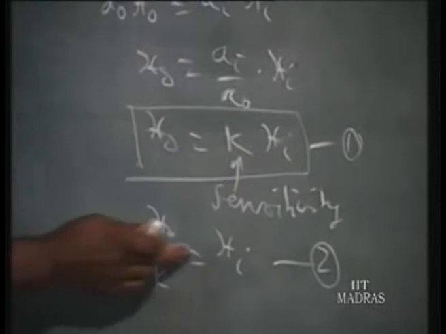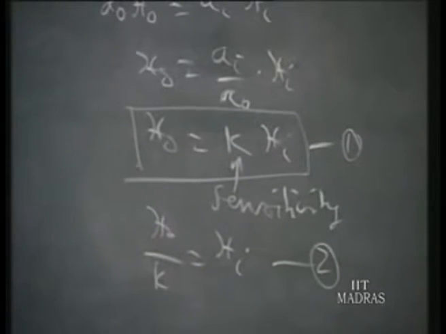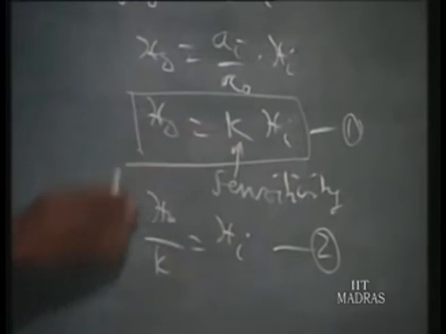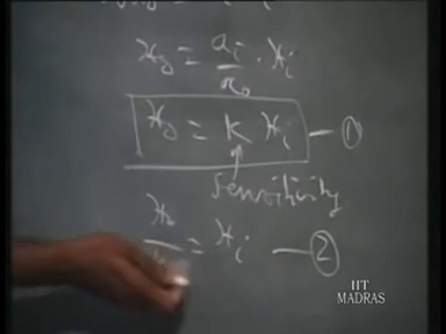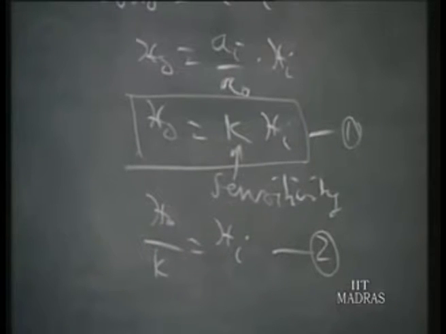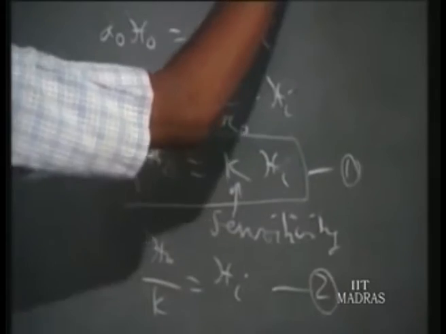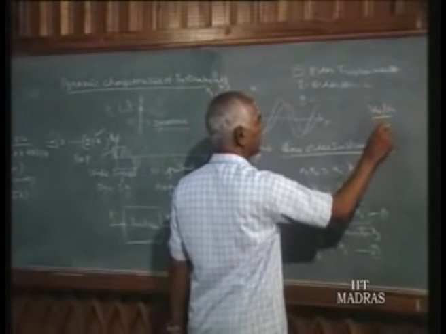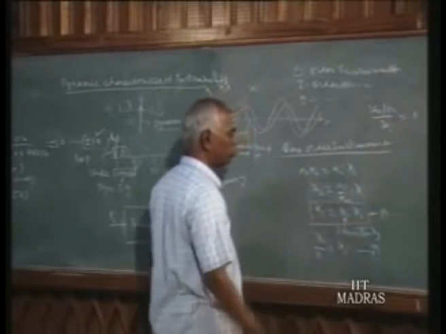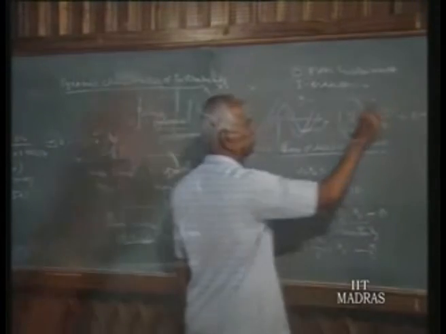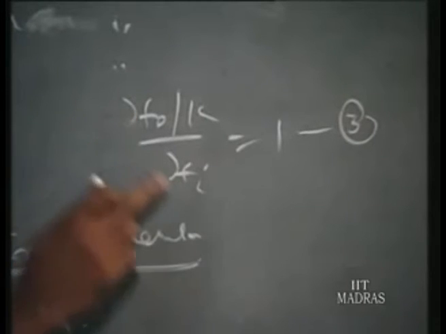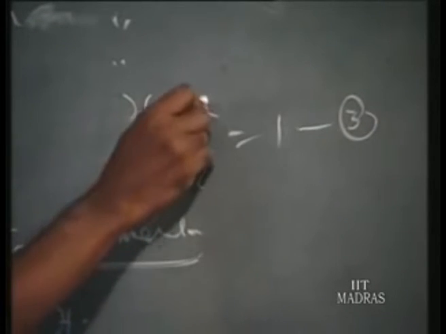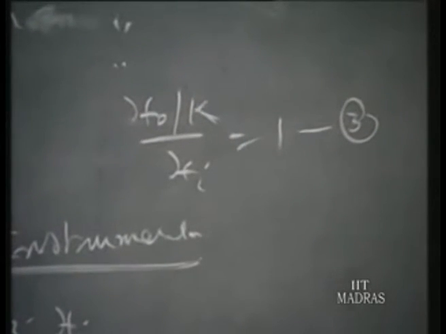For that purpose we can use xo/k - xi = error. In the ideal situation, since there is no error, xo/k itself is xi. In another way, this can be expressed as (xo/k)/xi = 1. That is the proportionality equation. We say xo is perfectly proportional to xi if (xo/k)/xi is 1, the proportionality constant.